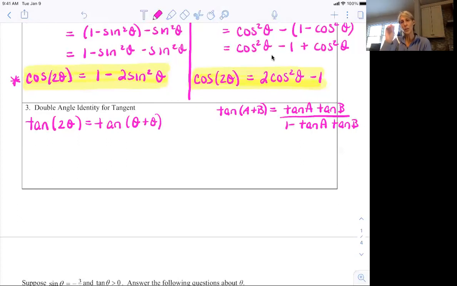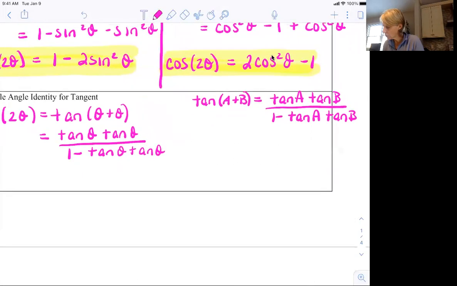And once again, all I'm going to do is substitute into my sum formula. Tan theta times tan theta over 1 minus tan theta times tan theta.